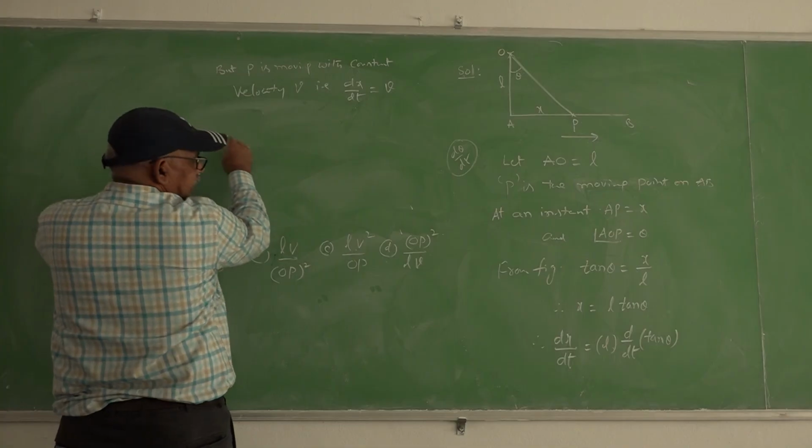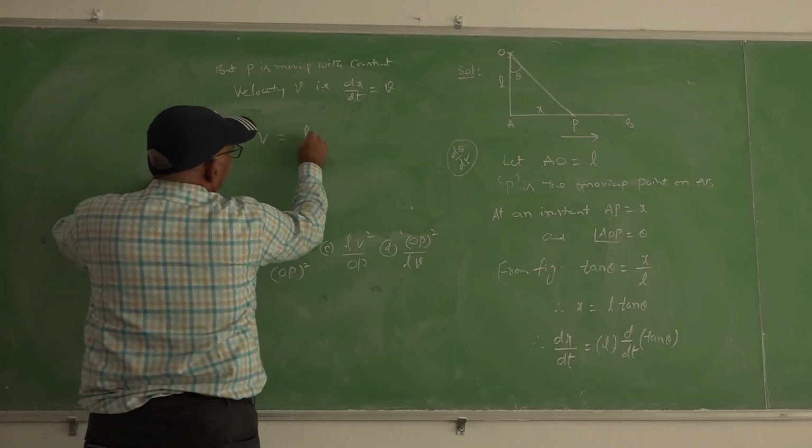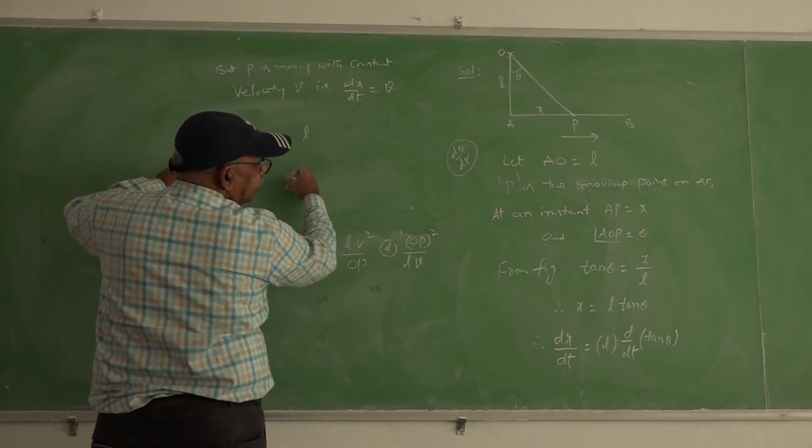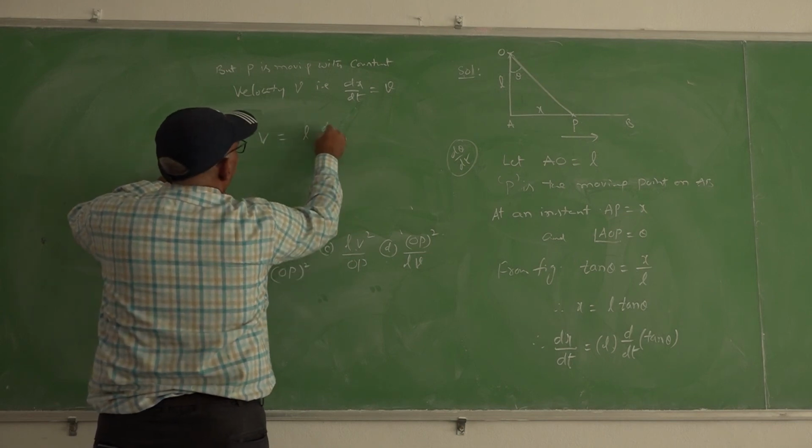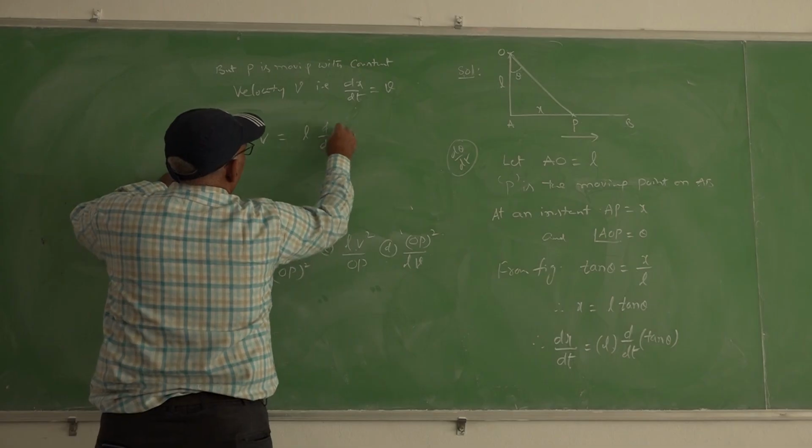Hence, v equals L into d by dt of tan theta.